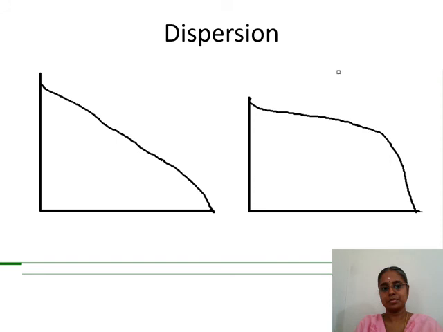Dispersions tell about the variability of fiber or fiber length distribution. So we have two sorter diagrams here. Let us consider this as A and this as B. In A, we have the maximum length very high and the maximum length is shorter here.